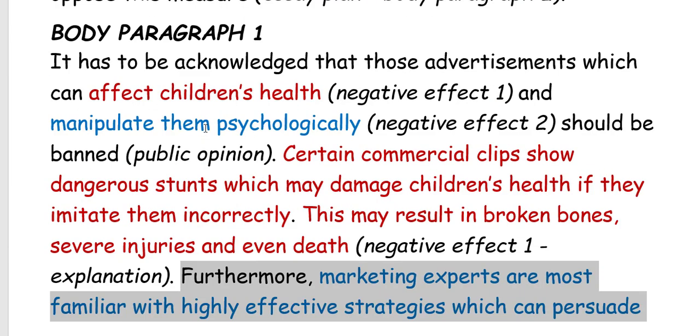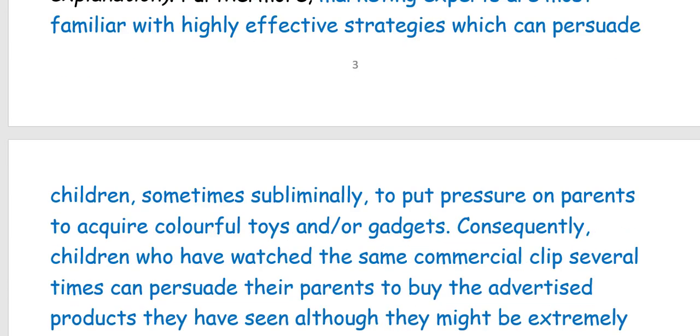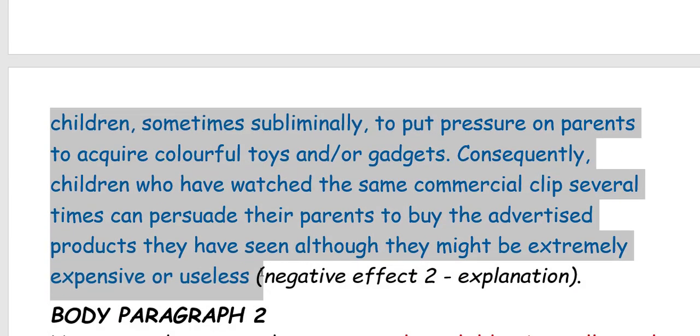Here, I'm talking about the second negative effect, because here I've written and manipulate them psychologically. Manipulate basically means to control them psychologically, so the children that watch this advertising don't understand that they are controlled by marketing experts because it occurs on a very professional level, and I explain it here in detail how it happens.